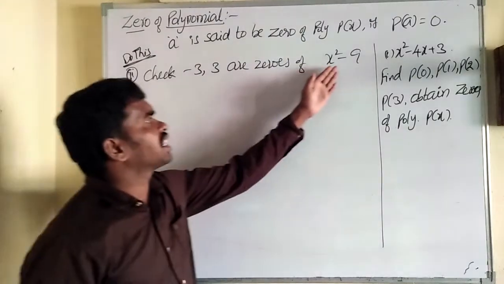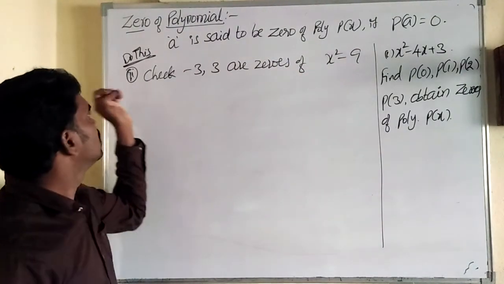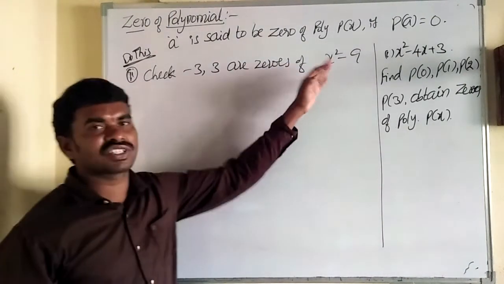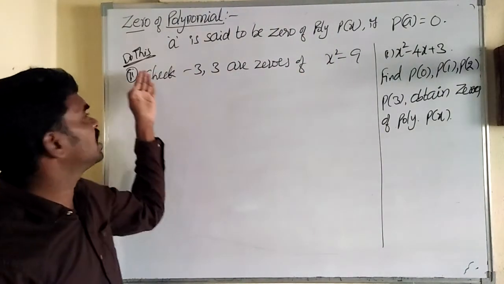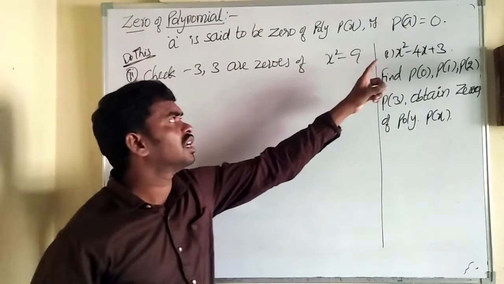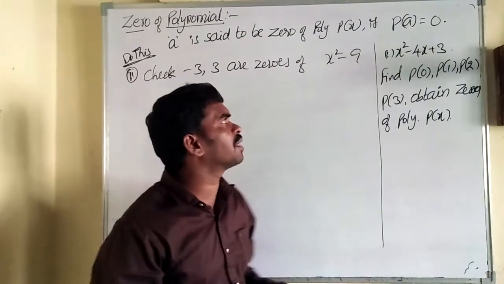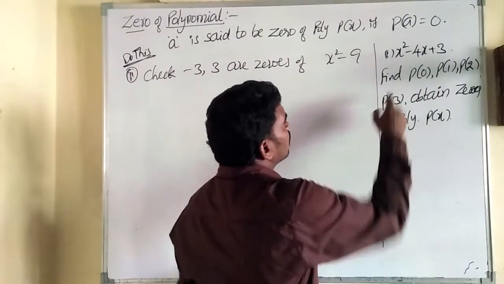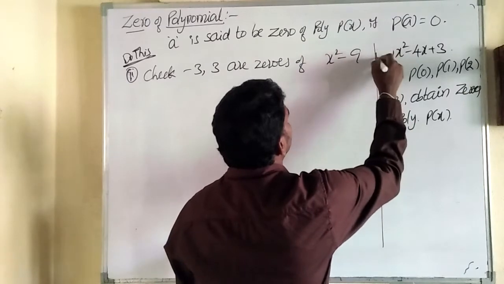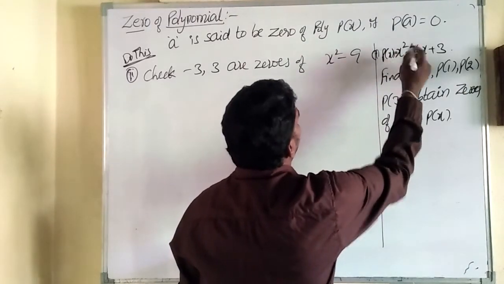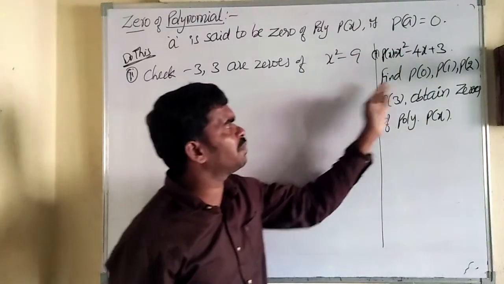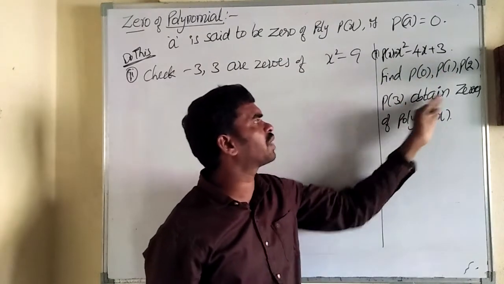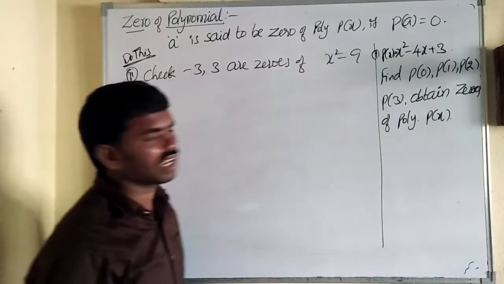Actually in this do this, the first question is, if p of x is equal to x square minus 4x plus 3, find p of 0, p of 1, p of 2, p of 3, and obtain the zeros of p of x.